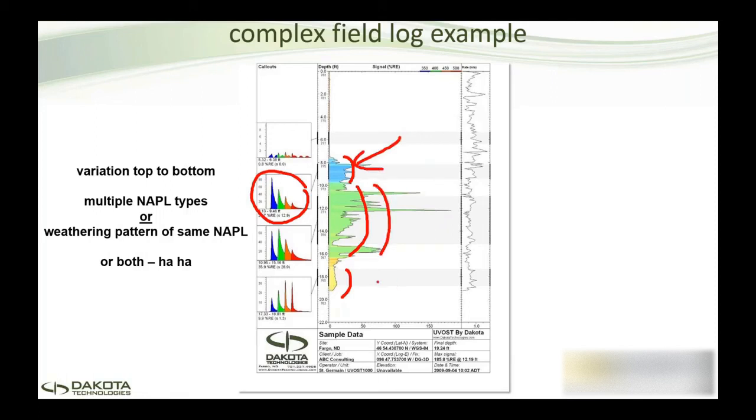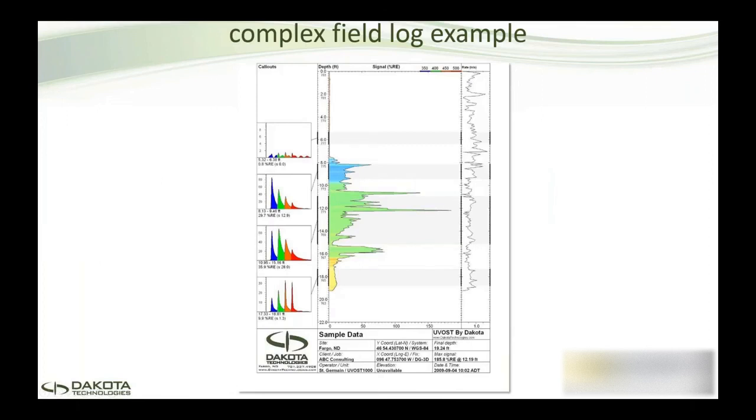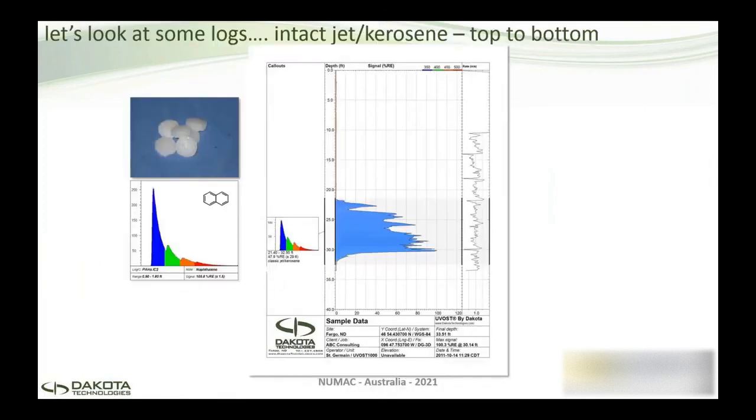This is modestly weathered, and maybe this is the most extremely weathered. Or is it a mixing zone, right? From a refinery where we're getting 3 different types of NAPL that have all come together. I got a feeling it's a weathering pattern, but I don't know for sure. I can't remember. It's been so long ago. This is from back in 2009. But it's just in stark contrast to this very consistent homogeneous look.